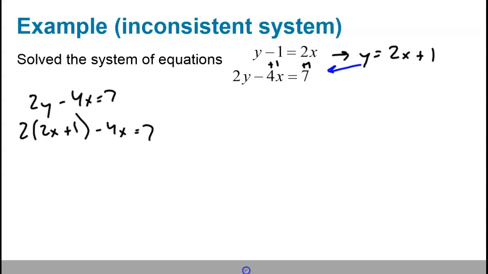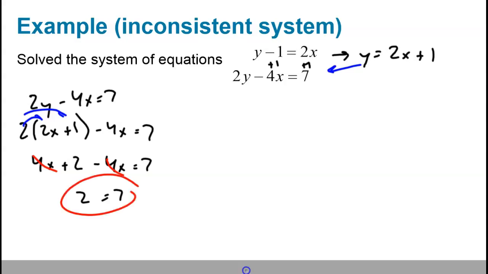Carry our equation down, and we're going to distribute into here, and we will end up with 4x plus 2 minus 4x equals 7. The 4x and the negative 4x cancel out, and this says 2 equals 7, which of course we know is not true. 2 does not equal 7.